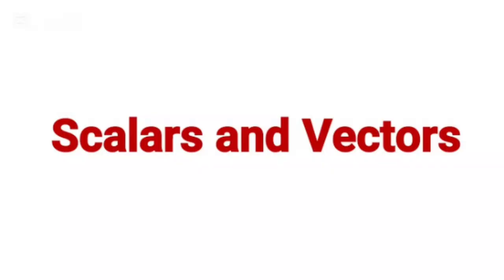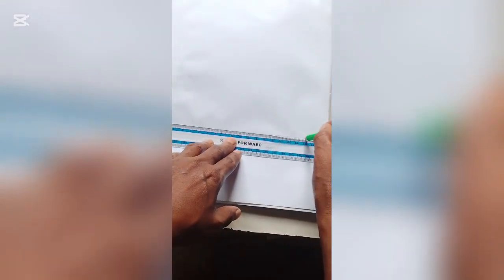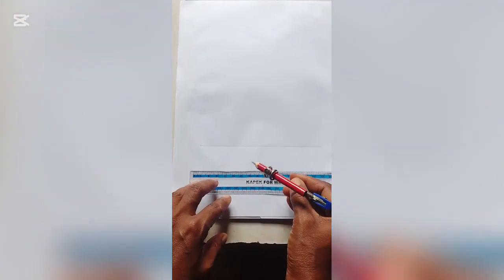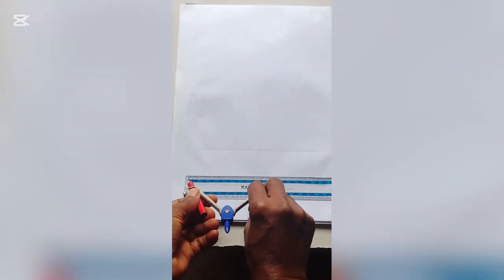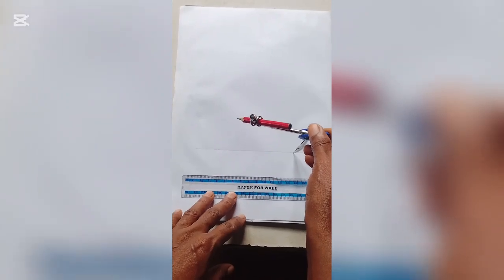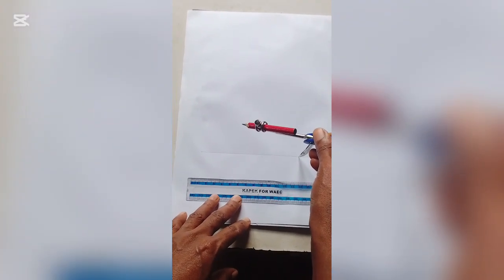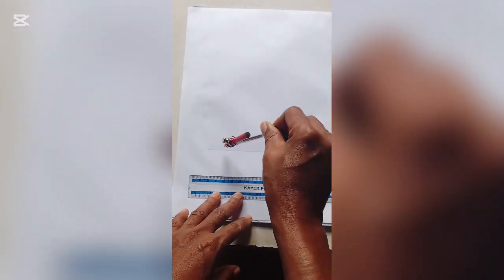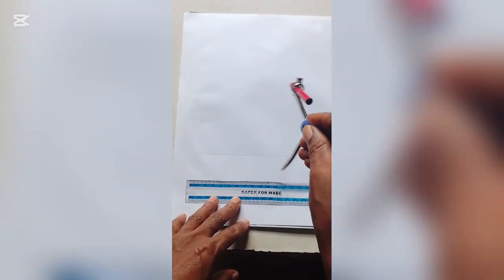So we are going to draw our diagram now using the scale drawing method. We'll draw a straight line. When you draw this straight line, I prefer to use a scale rule to measure 10 centimeter and cut it out with my compass.